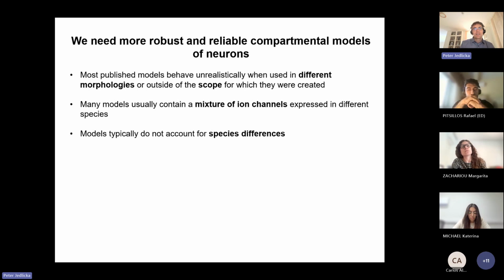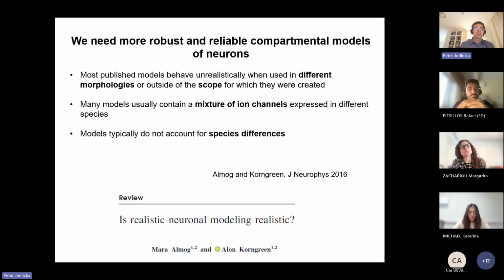So these biophysically complex models have some issues, and they have been nicely summarized in this paper by Almog and Korngreen 10 years ago. If you want to read about the issues of realistic neuronal modeling, that's a nice paper to look at. But the question is, how are we going to address these issues?